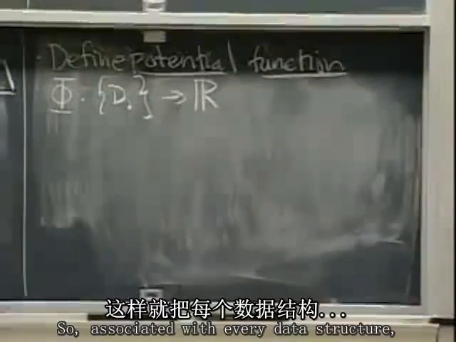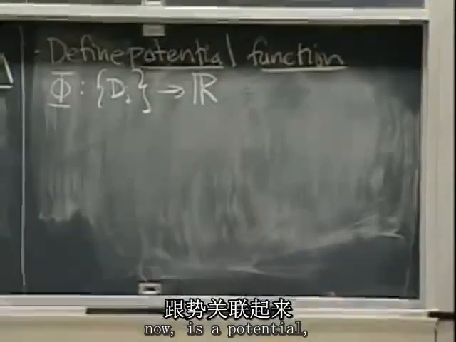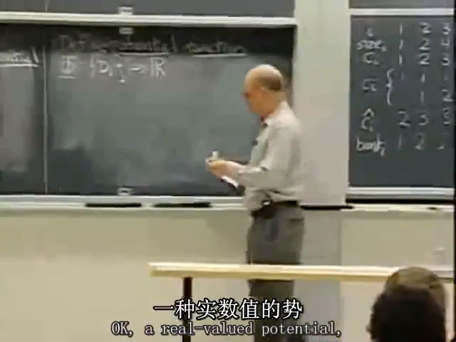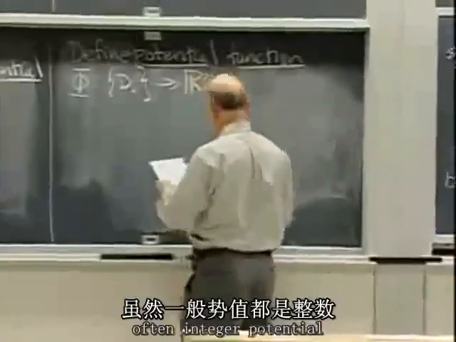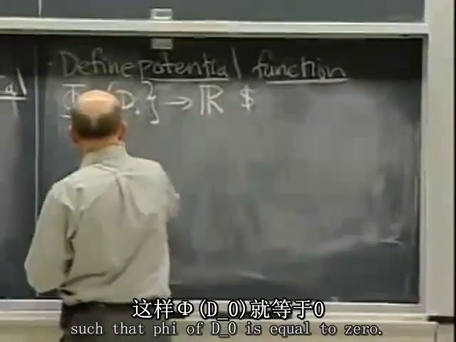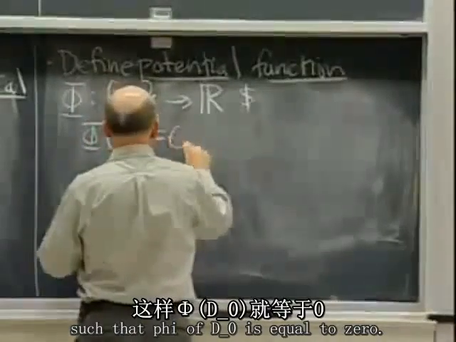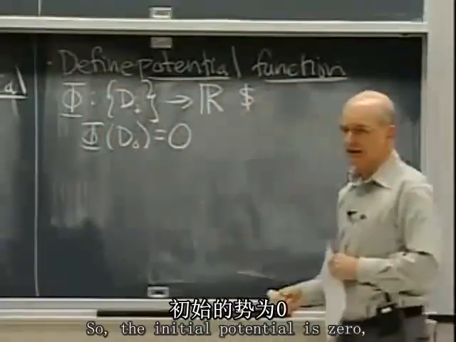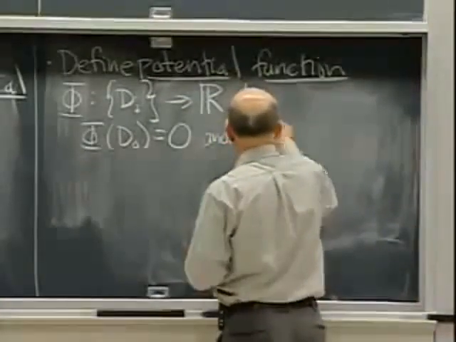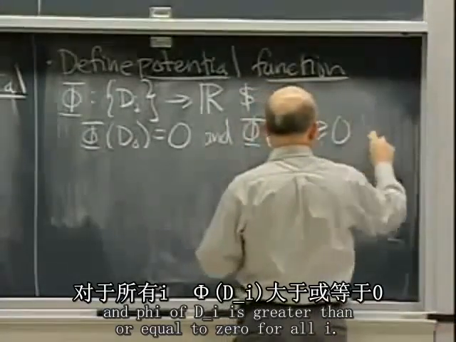So associated with every data structure now is a potential, a real-valued potential, often an integer potential, such that phi of D0 is equal to 0. So the initial potential is 0. And phi of D sub i is greater than or equal to 0 for all i.